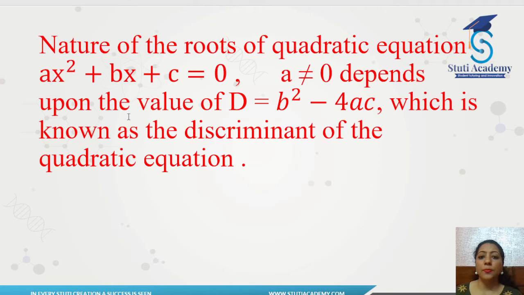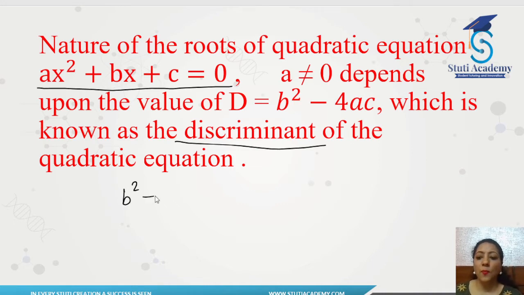Now this depends upon the value of D, which is equal to b square minus 4ac, known as the discriminant of the quadratic equation. This means that if I have this as the standard form for a quadratic equation and I solve for the value b square minus 4ac, then a, b and c are the values we have here. a is the coefficient of x square, b is the coefficient of x, and c is the constant term.